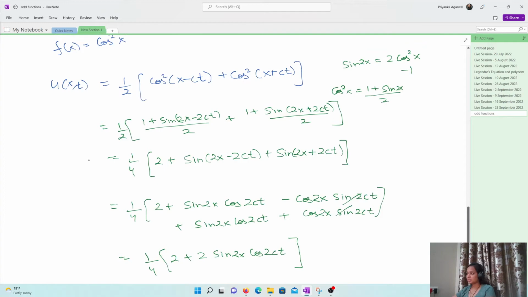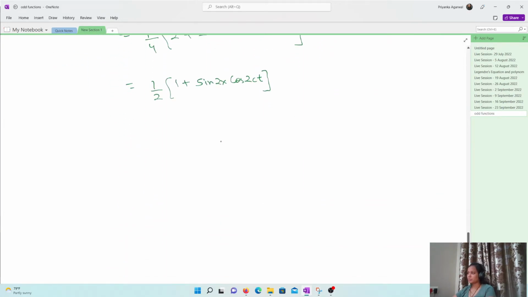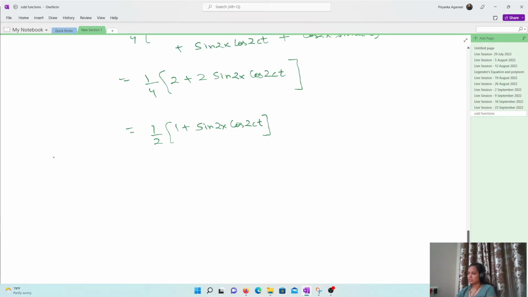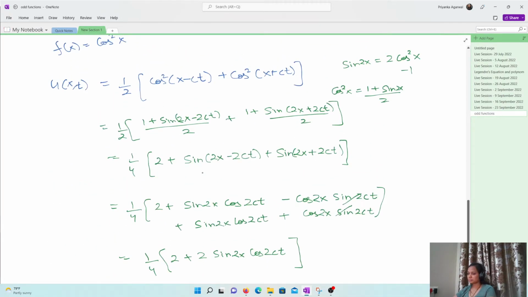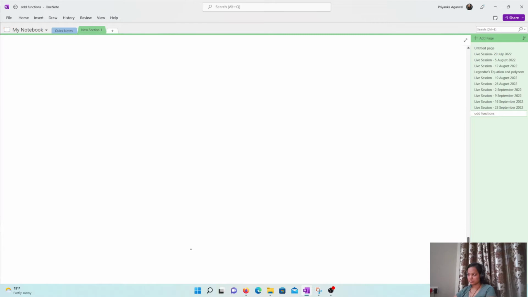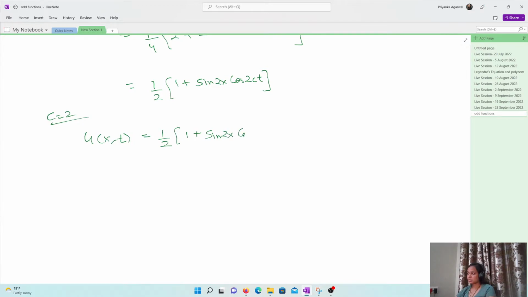I think I made a mistake here, but it's not a mistake actually. Now we know that the value of c is 2, so we can substitute c equals 2 and write it as 1 by 2 [1 plus sin 2x cos 4t].